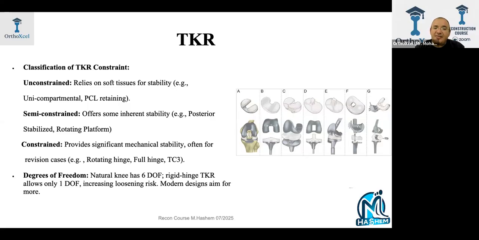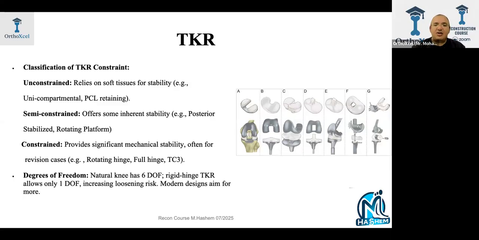Constrained knee means it has full mechanical stability in the implant itself, and you use it when you have lost inherent stability in your knee, especially if you lost the MCL. The biggest examples of that are rotating hinge, full hinge and TC3. You need to remember that it's a balance.